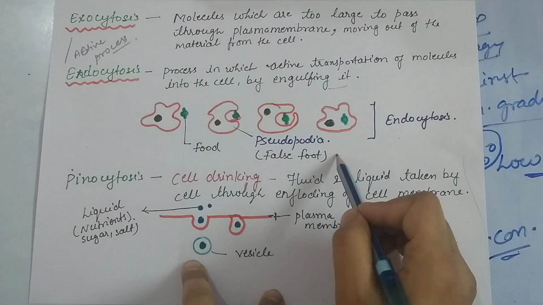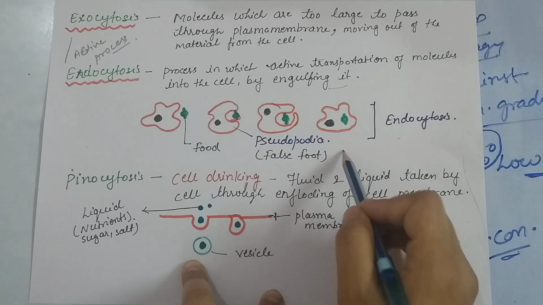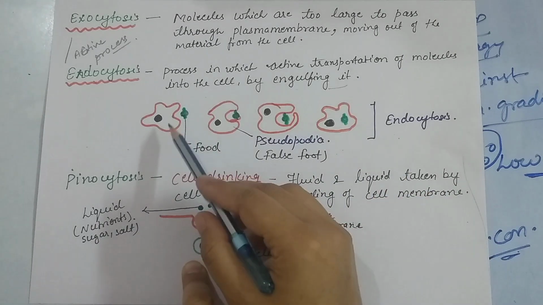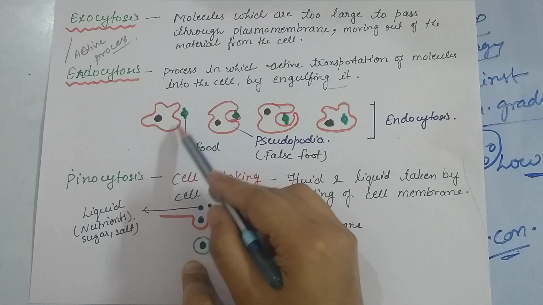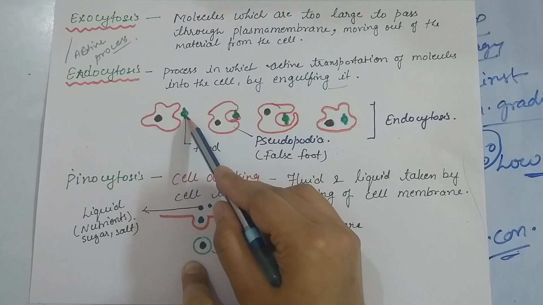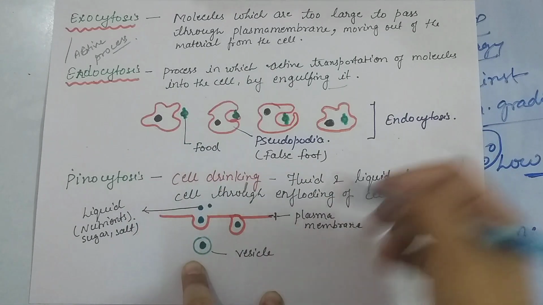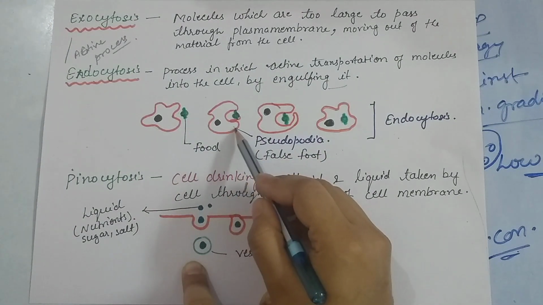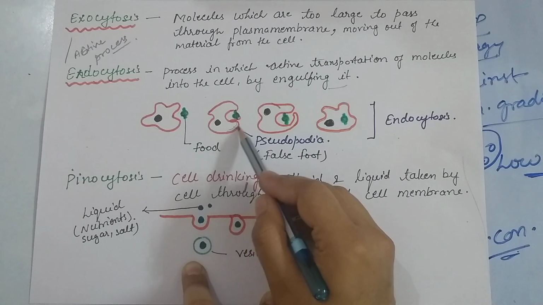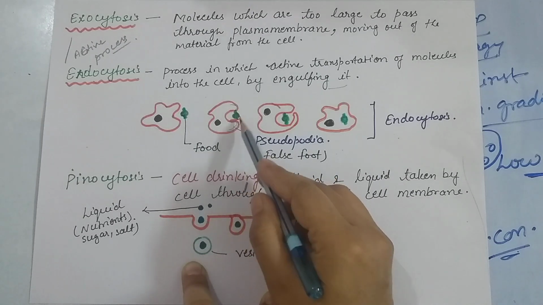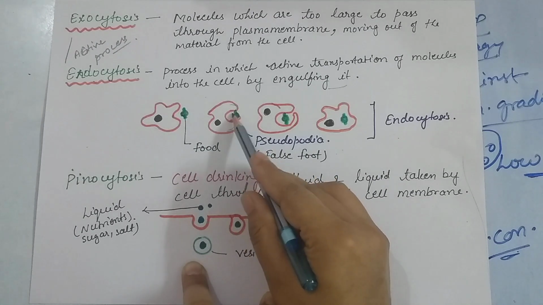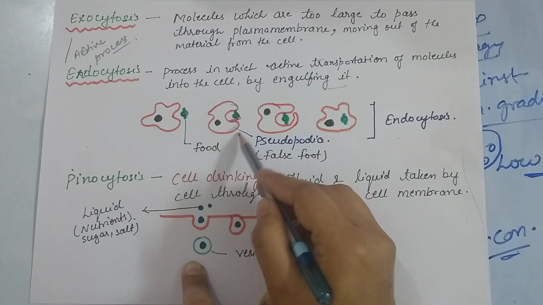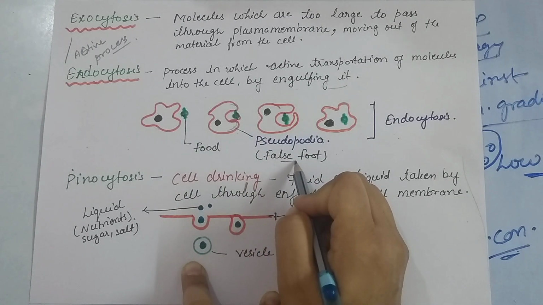So what happens is that the substance gets engulfed. Let's take an example of endocytosis in amoeba. Here this is an amoeba, and here the food is present. How does the endocytosis process take place? This is the pseudopodia, the extended part of the amoeba towards the food, also called the false foot.